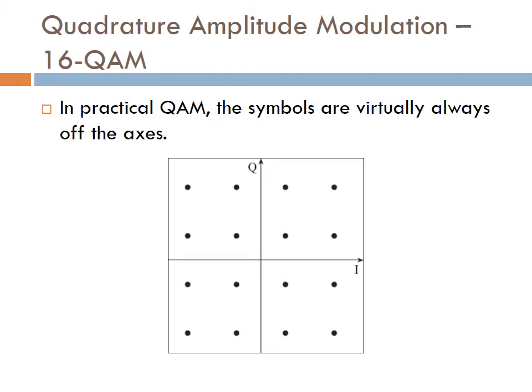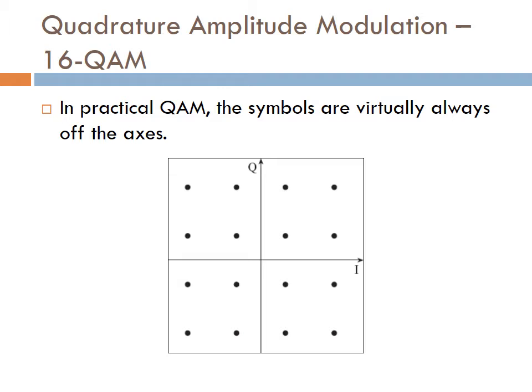And so on for the remaining versions of QAM, such as 16 QAM or 64 QAM. For 16 QAM we have 16 symbols which are in quadrature phase, as shown in the following figure. We are changing either the amplitude or the phase when we go from one symbol to another.